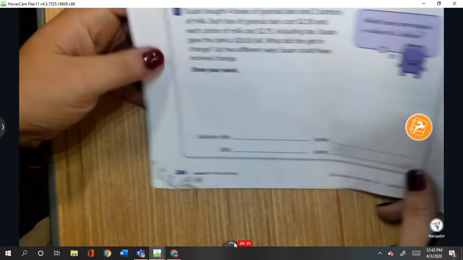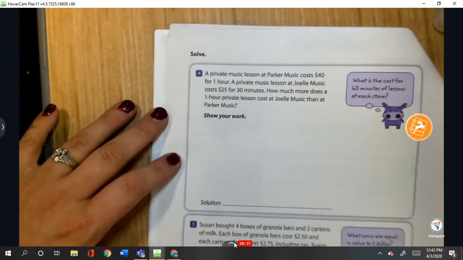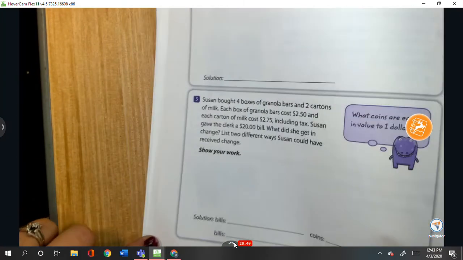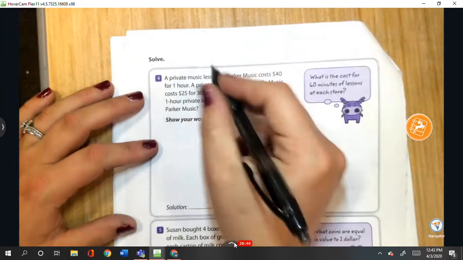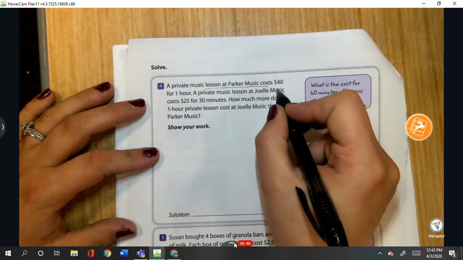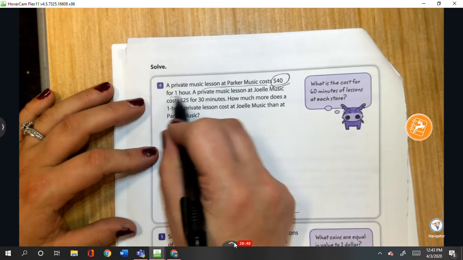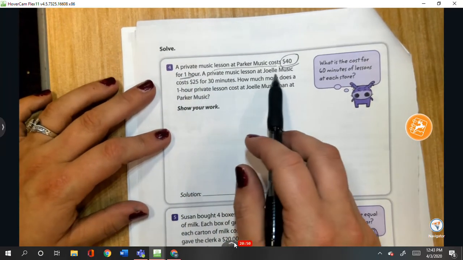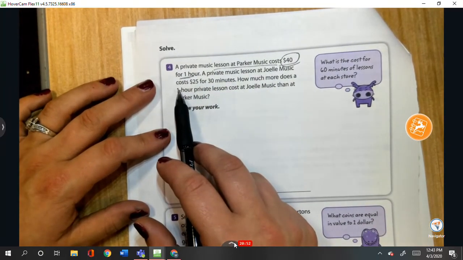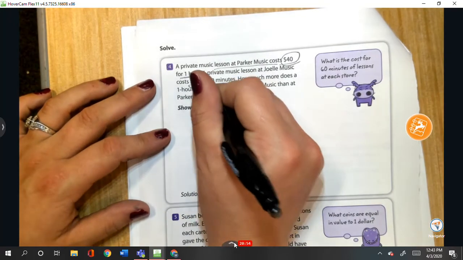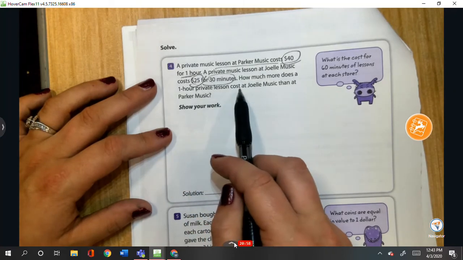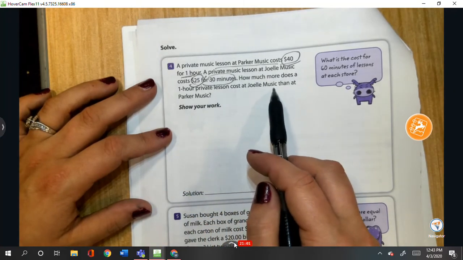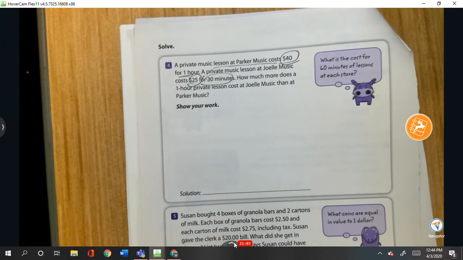We can do page 266, number 4. A private music lesson at Parker Music costs $40 for 1 hour. A private music lesson at Joel's Music costs $25 for 30 minutes. How much more does a 1 hour private lesson cost at Joel's Music than at Parker Music?